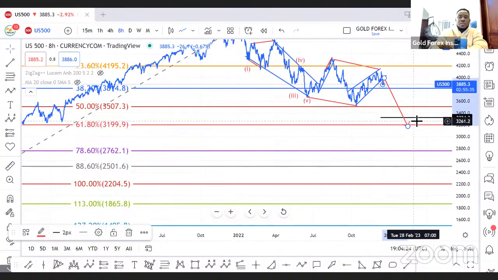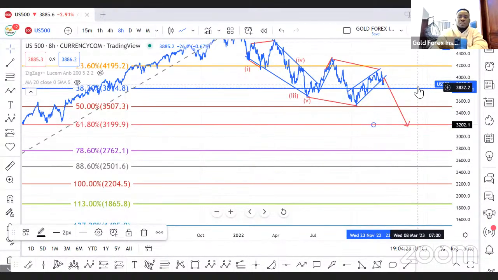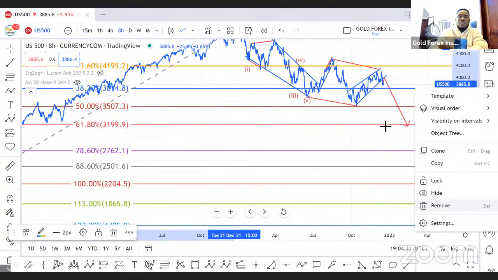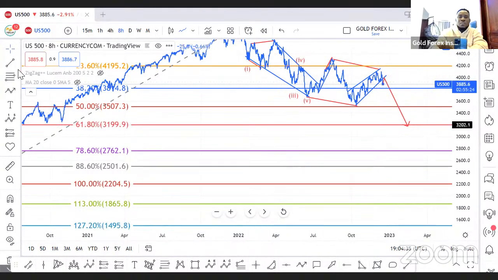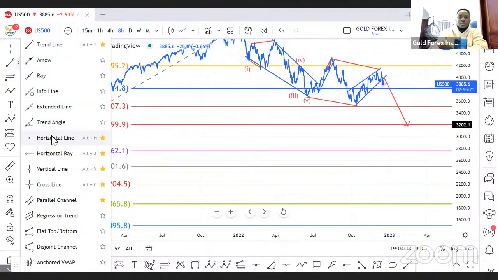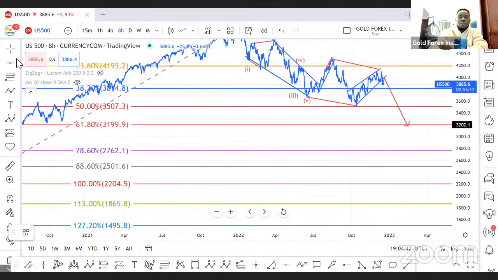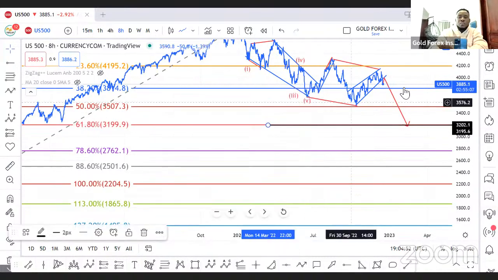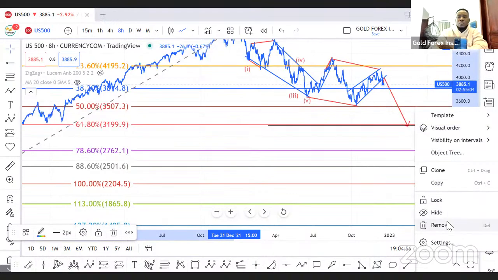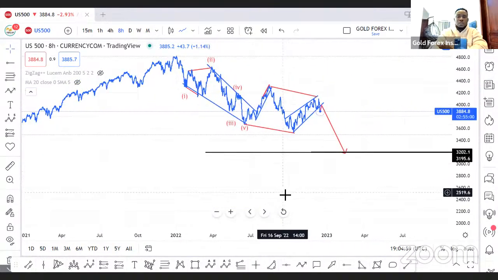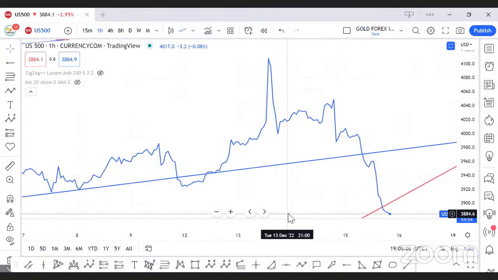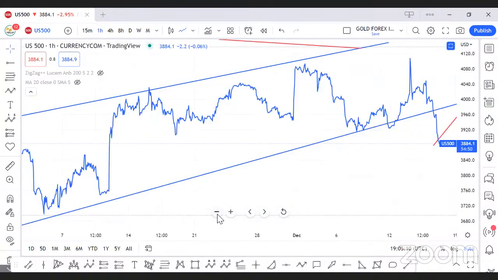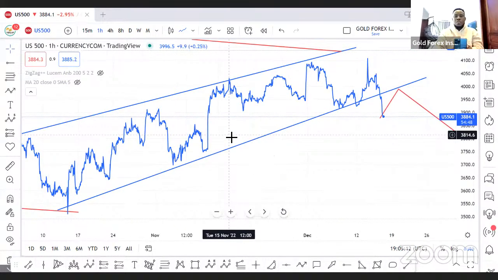So that's right here. Now, 1 hour. So we are just looking for a correction.